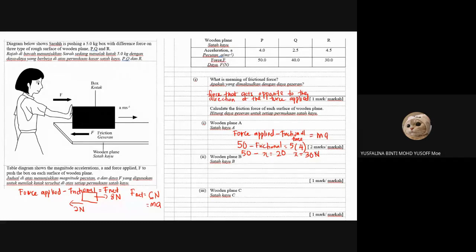Now I want you to calculate for wooden plane B and also wooden plane C, and I will call anyone to answer the question. What is the frictional force for B and also for C? Try to calculate first.